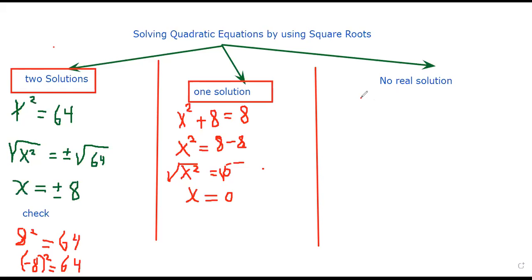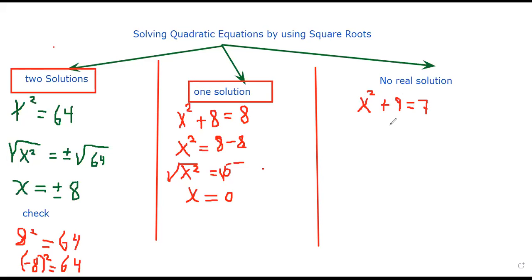Very good. X squared plus 9 equals 7. Right? This is what you said. Okay, let's continue. We will add the additive inverse.